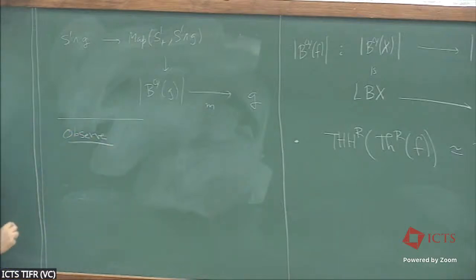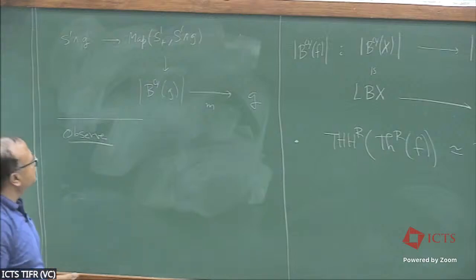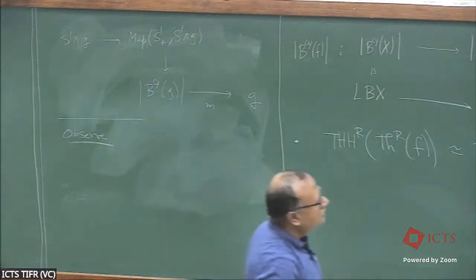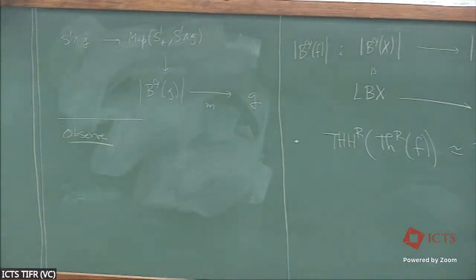if I now take the cyclic bar construction on G, here I'm looking at G as an infinite loop space, and I'm trying to build up the cyclic bar construction on the infinite loop space, which on omega infinity gives you the product.